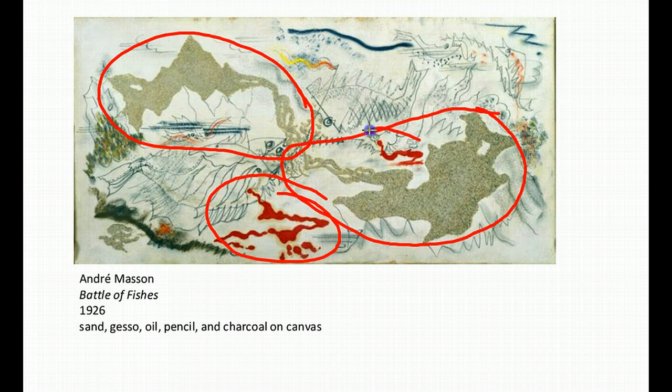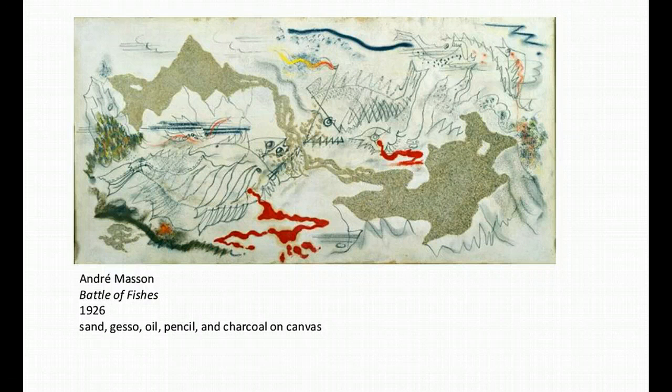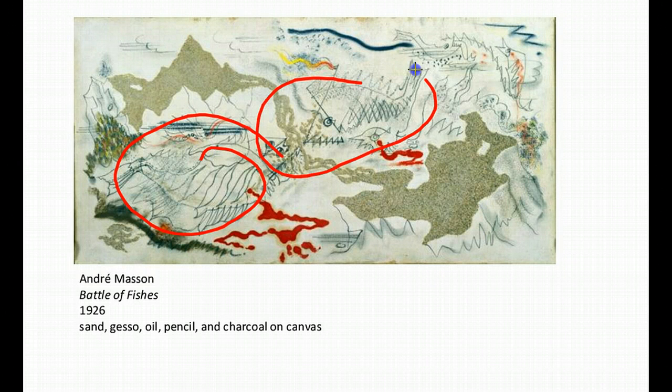Here is red ink, also applied to the canvas very automatically or subconsciously. And then in a similar fashion to Paul Klee, Masson looks at the random or the chance-based elements of this work and then builds a picture around them to suit it. And in this case, we have the battle between two large fish, one right here and one right here. The Battle of the Fishes.